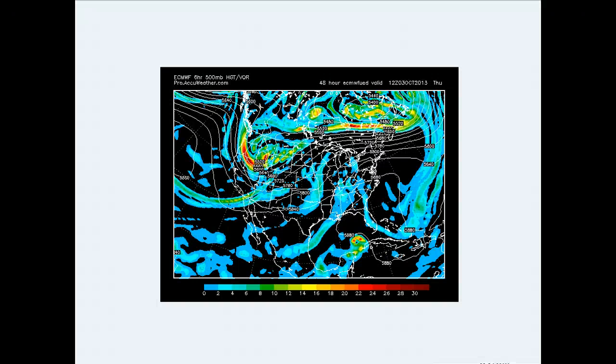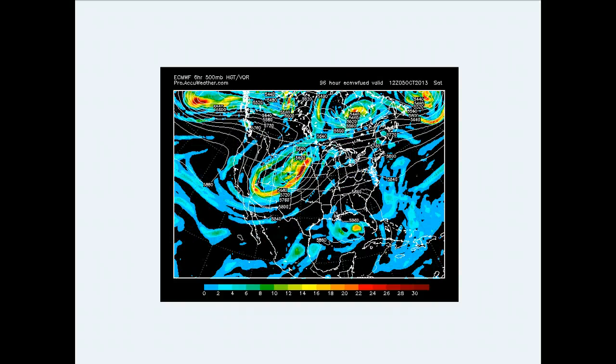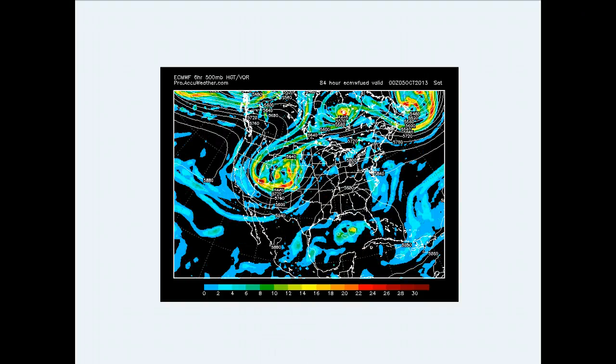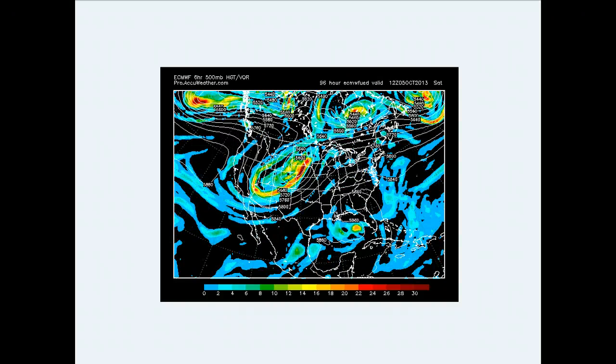We're going to go to AccuWeather for the European model here, and I just want to show there's 48 hours and 72 hours. And here again, now the entire upper level system is being held back a little bit more as far as the European is going.